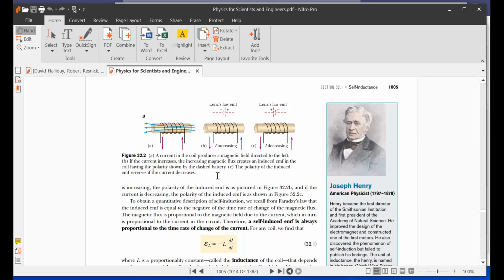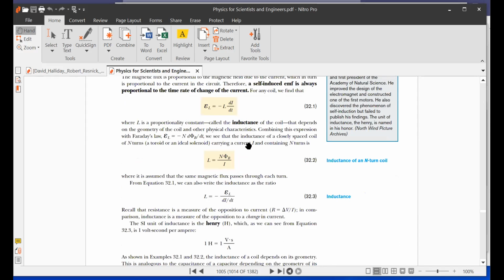If we consider a solenoid, there will be a self-induced electromotive force, or EMF. This self-induced EMF is proportional to the time rate of change of the current.